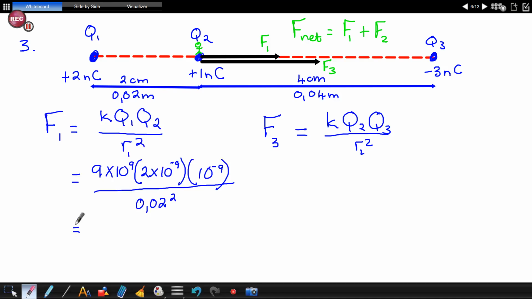Okay, let's Casiofy that. We get 4.5 times 10 to the negative 5 newtons.